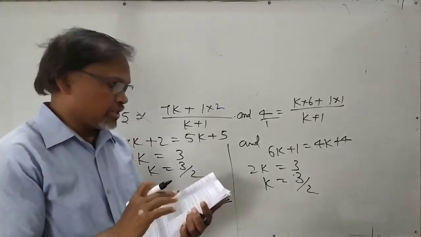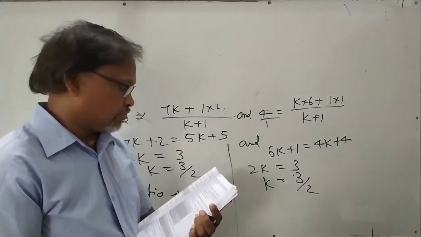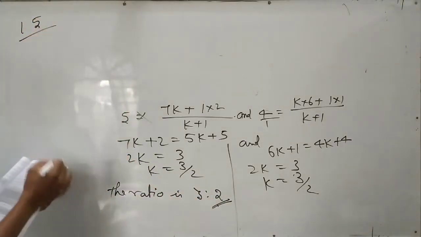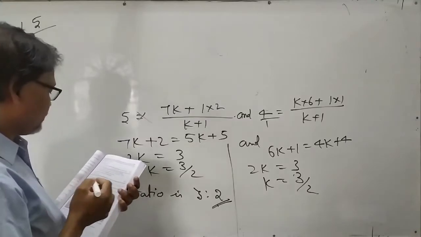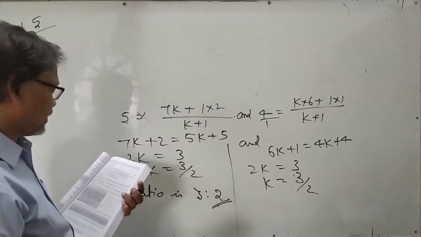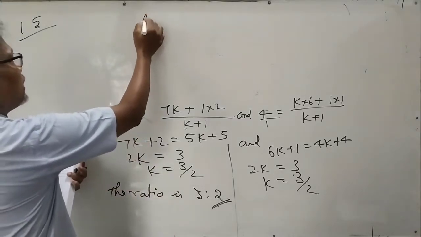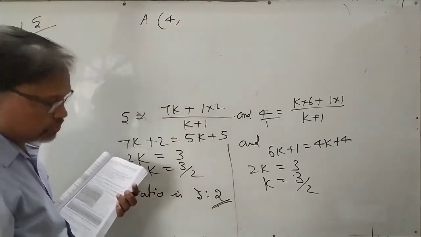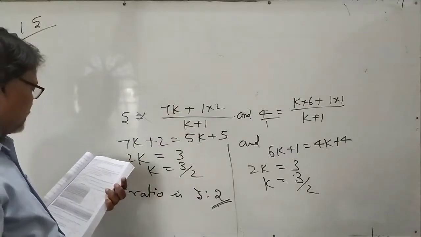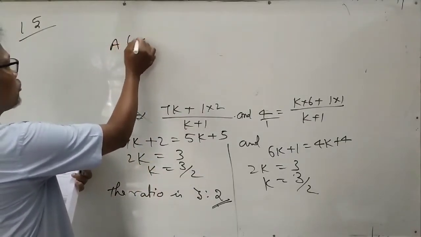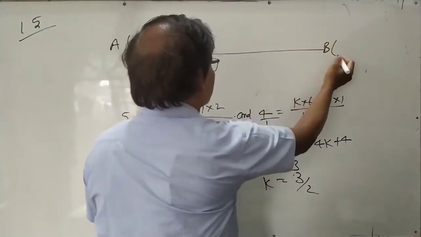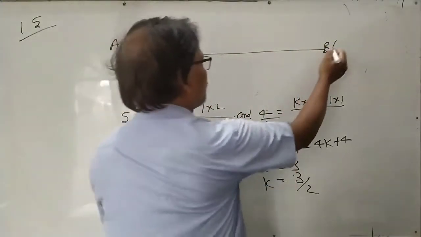In some questions, a line is divided by the x-axis or y-axis, in what ratio? तो जैसे question number 15 है, in 15 A is minus 4, 3 and B is 8, 6. A is 4, minus 3 and B is 8, minus 6.